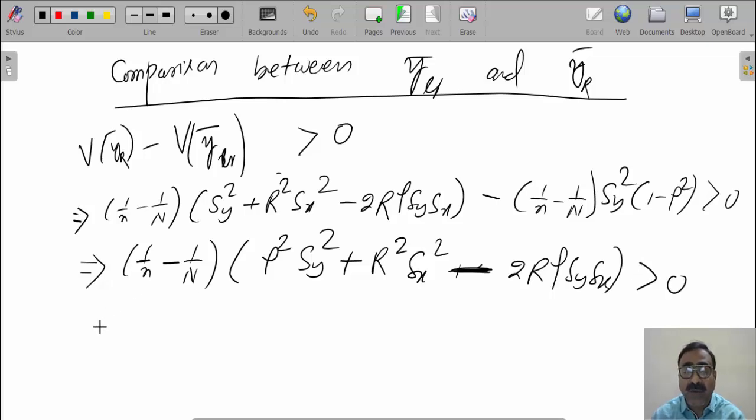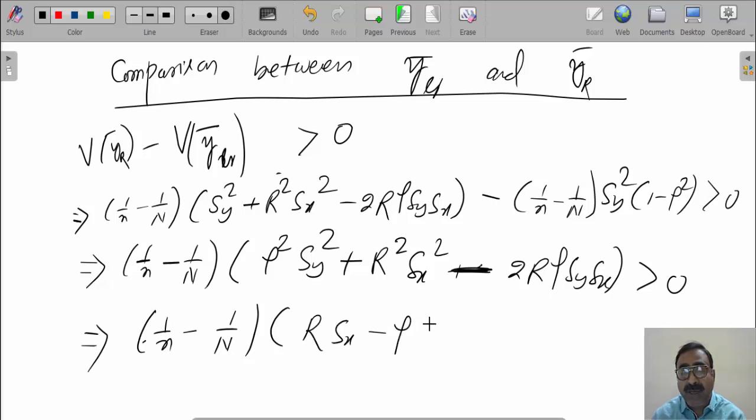That implies (1 by small n minus 1 by capital N) (r sx minus rho sy) whole square is greater than 0. This is always true, because both factors are positive.